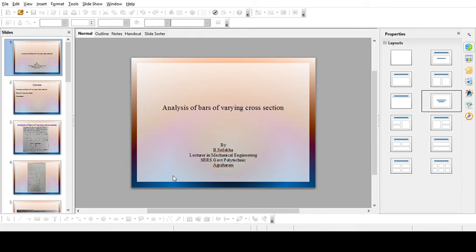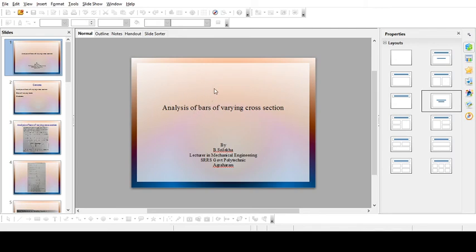Next, load is 150 kilonewtons, so 150 into 10 to the power of 3 newtons we are taking. Next, stress induced in the middle is given, that is nothing but 250 Newton per mm square.